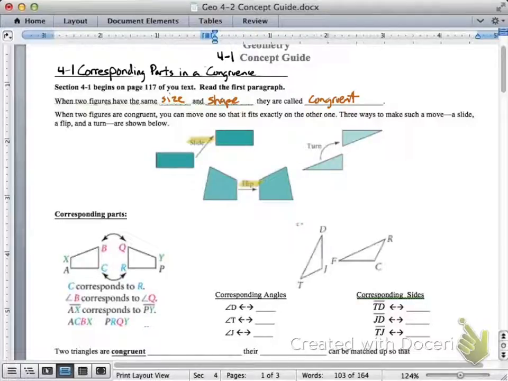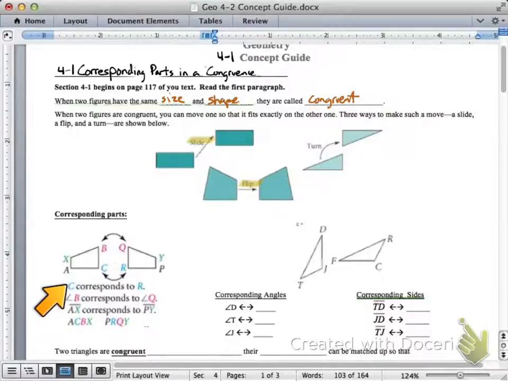And when we're talking about congruent polygons, we talk about their corresponding parts. Corresponding means they match or agree exactly, is the definition of what corresponding means. So X, this vertex over here, corresponds with vertex Y over here. The A of this polygon corresponds with P. So we can make all of these statements.